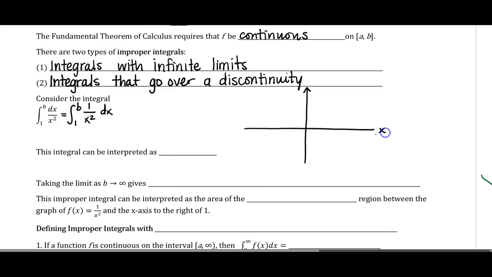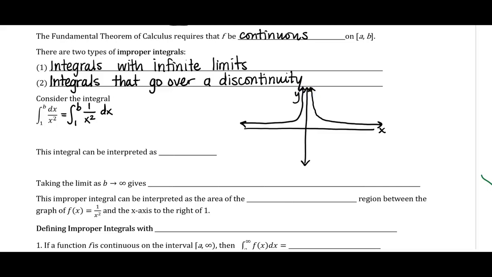So the graph of 1 over x squared looks like this. There's a piece on the right side and a piece on the left side. And if we're integrating from 1 to b, then I'm saying from the x value of 1 to the x value of b, we're finding this area right there. That's what that integral represents, the area under the curve from 1 to b.